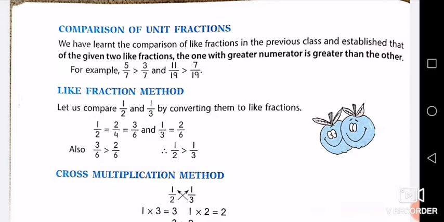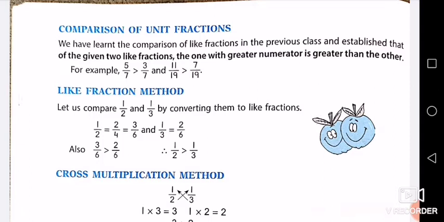Now like fraction method is, here 1 by 2 we will multiply by 3 in the numerator also and in the denominator also, so that we will get 3 by 6, and 1 by 3 will be multiplied by 2, so that we will get 2 by 6.